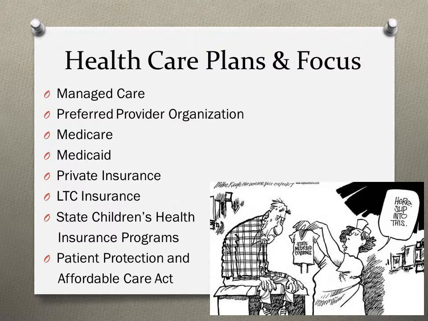Medicaid is national health insurance to low-income or disabled people. We know what private insurance is. It's what most people have. Long-term care insurance is supplemental insurance for long-term care. State Children's Health Insurance Programs is a national health insurance for uninsured children.